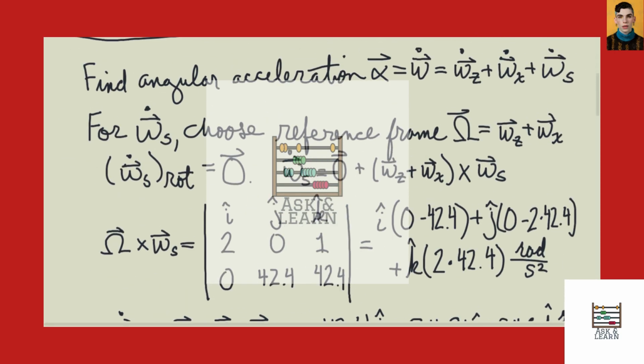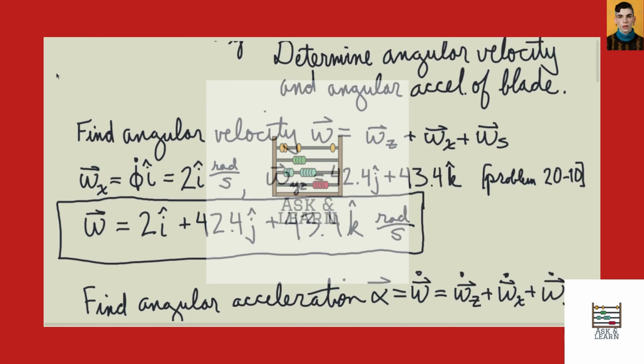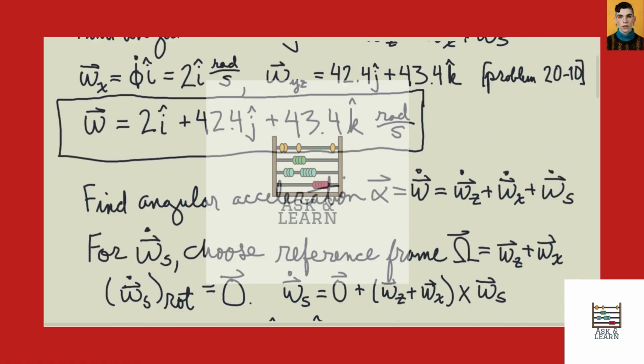The next part of our problem, we're asked to find the angular acceleration. The book likes to use the notation vector alpha for that. I prefer to use the time rate change of the angular velocity, vector omega dot, and that vector omega dot is a combination of vector omega dot for each of the 3 rotation axes that are given in this problem.